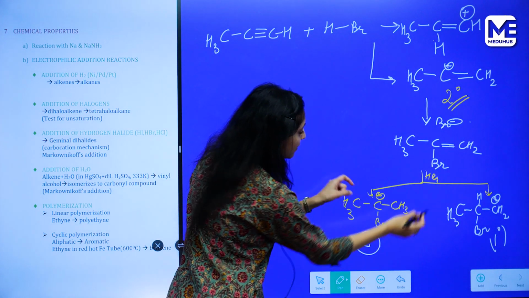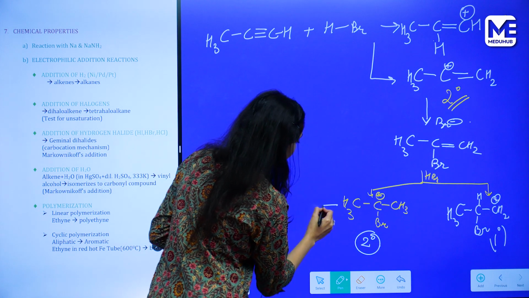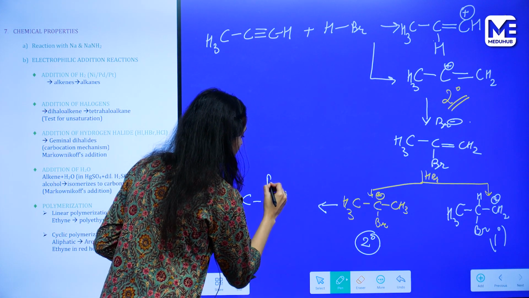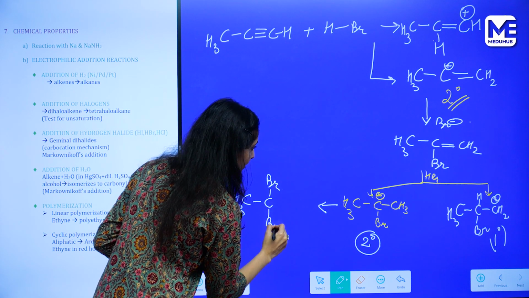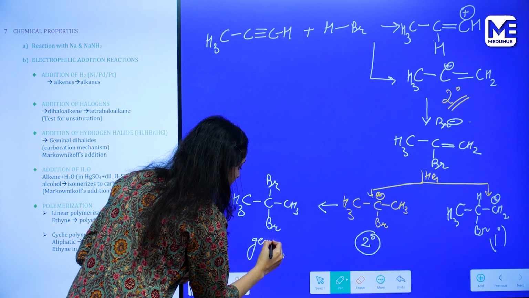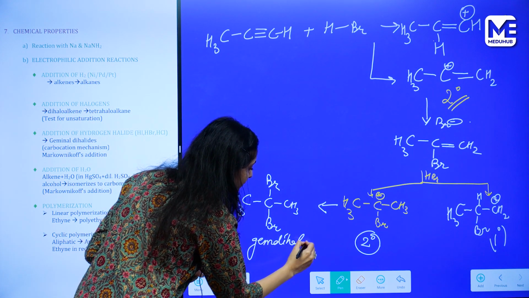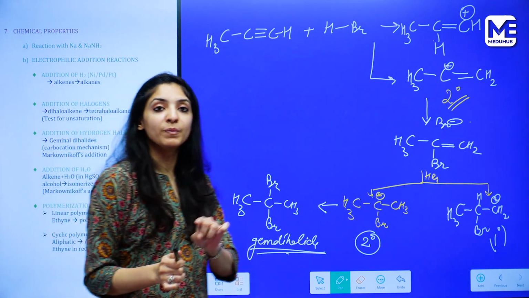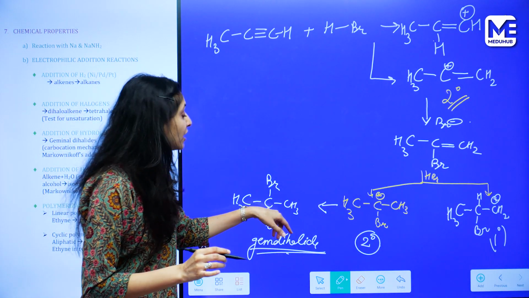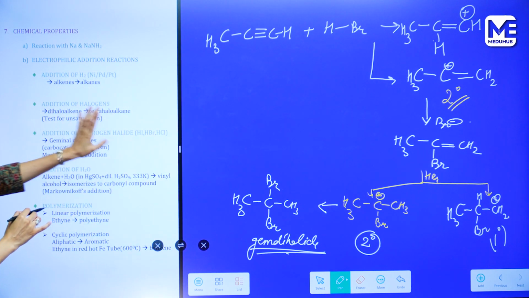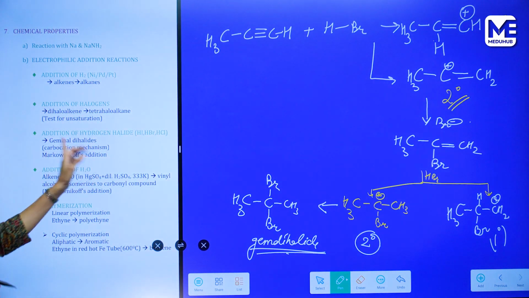Hence, now Br will attack here and the final product will be Br here, another Br here and CH3, a geminal dihalide. So it is a Markovnikov's addition and the bromine will get attached to the carbon which has less number of hydrogens, and this is the addition of hydrogen halides which follows Markovnikov's rule and a carbocation mechanism.